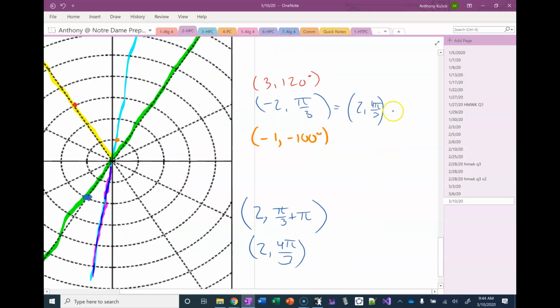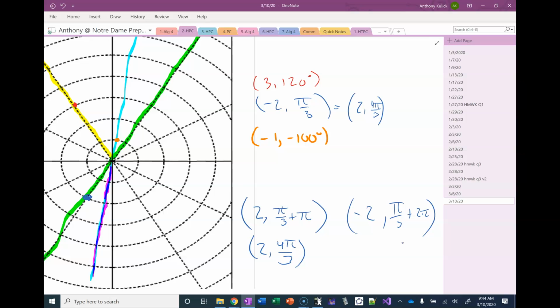Is there a way to leave the magnitude the same? So can I write it so the magnitude is still negative 2, but I give a different angle measure and still end up in the same place? If I did that, what is going to be 2 pi plus pi over 3?